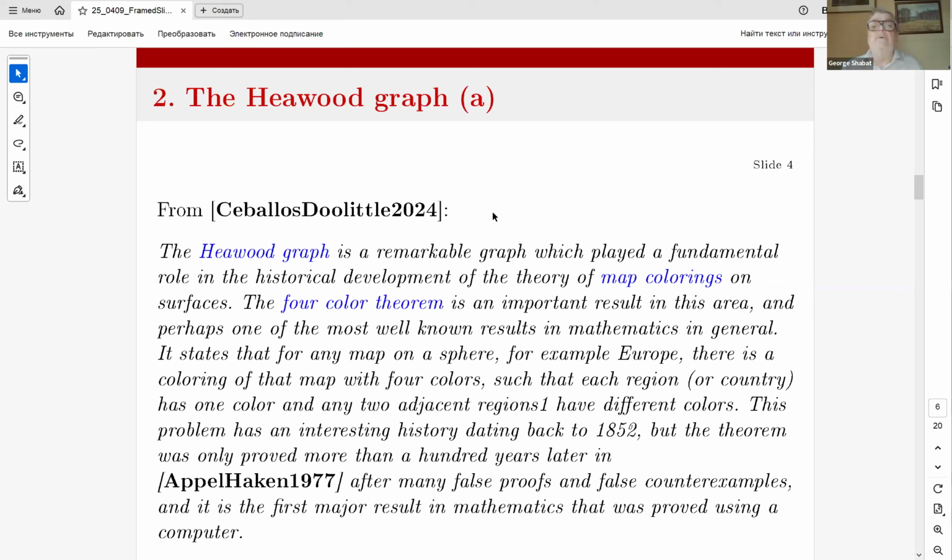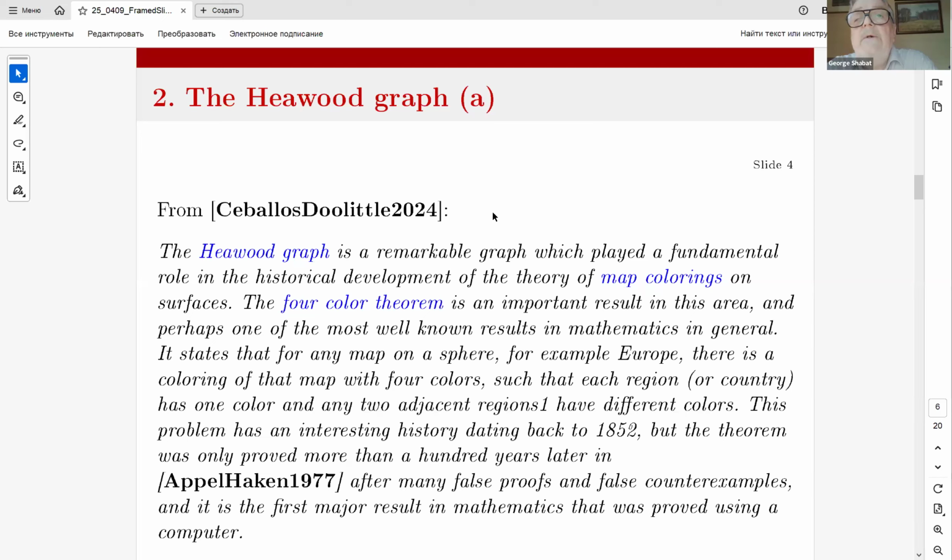Perhaps I should not just read what you see on the screen, but highlight the main points, which is the Heawood graph, that is a pair of the complete K7 graph in the story we are going to consider, is in some sense central in several strands of developing mathematics.